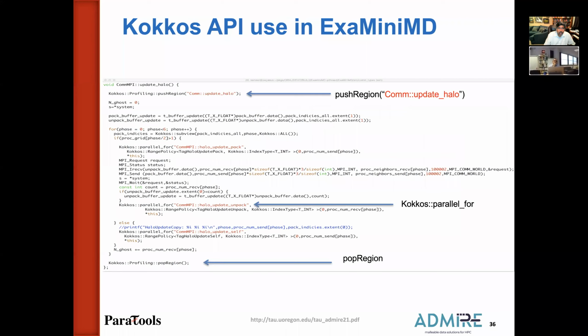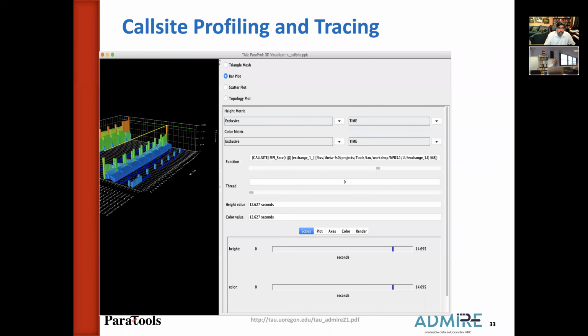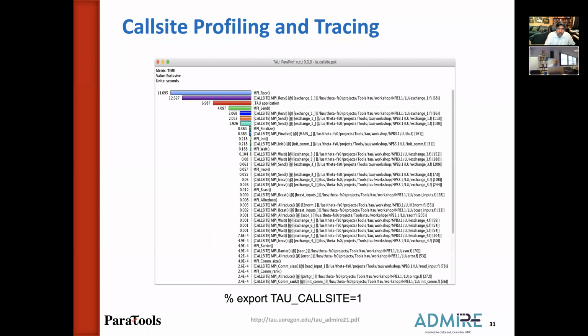The call site is something that allows you to distinguish a particular instrumented function as it gets called in different places in the code. So if there is an instrumented function, and by instrumented, I mean there is a probe inserted at the beginning and end of MPI receive, then in this wrapper library, I want to find out where is this MPI receive called and how much time is each individual instance of MPI receive taking.